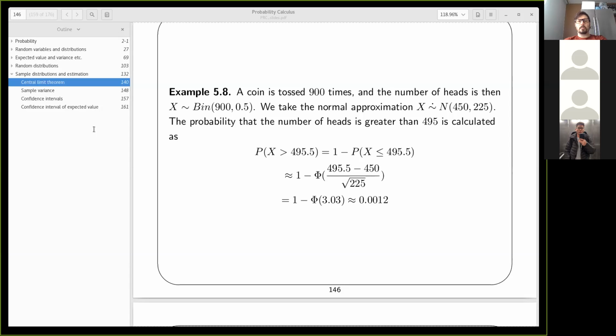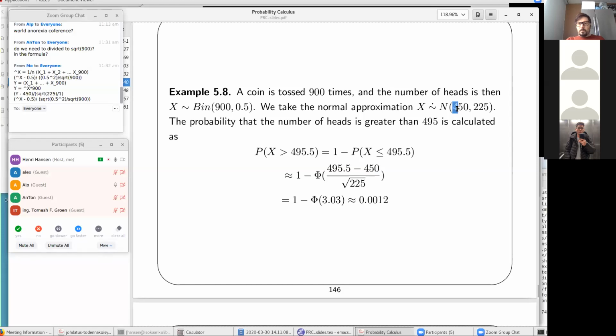So we're really doing the same thing, but we can jump a little bit. We can directly subtract the 450 and divide by the square root of 225. Then we get the 0,1 normally distributed variable here. I'll put some examples for Friday, and I'll show you that this is the same thing.